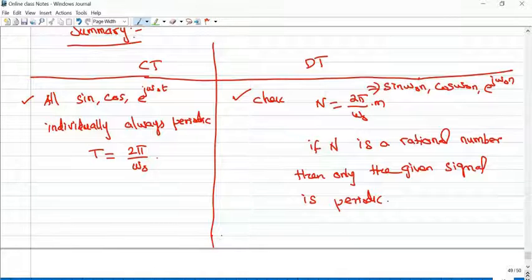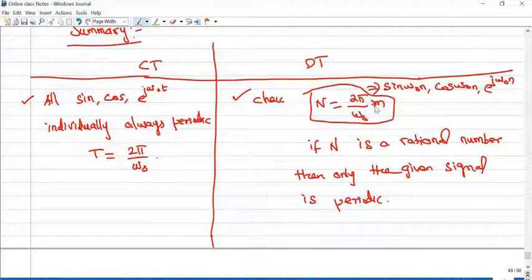Then only the signal is periodic. The fundamental time period equals the LCM of T1, T2, T3, and here the LCM of N1, N2, N3. The procedure is the same, with a small difference in the formula, that is m, the smallest positive integer, so that the capital N should be a rational number.